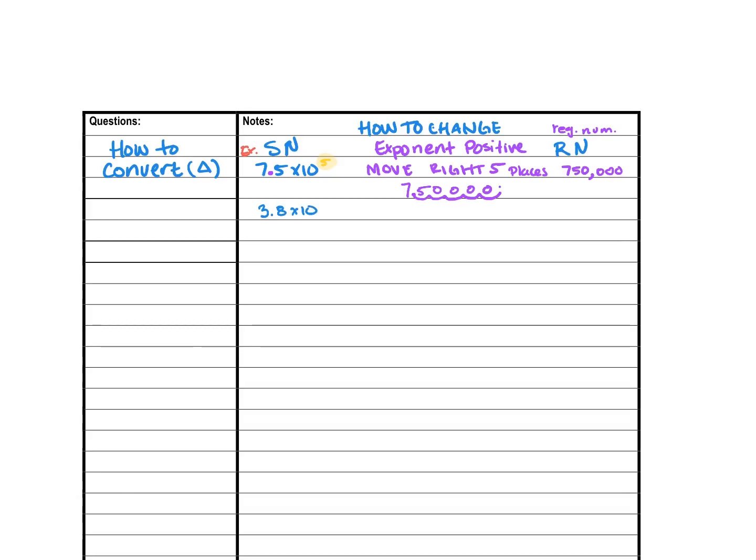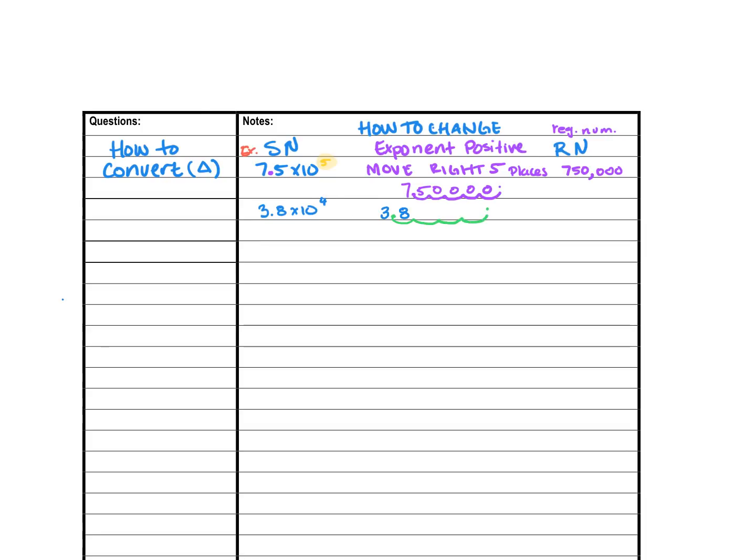3.8 times 10 to the 4. Okay, so again, it's positive. That means move to the right. So you take your number, 3.8, take your decimal, and then because it's positive, you're going to move to the right. 1, 2, 3, 4. 4 places.